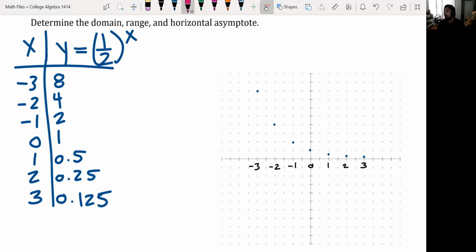And now we're going to have the same situation as the last graph. So we notice that as x heads towards infinity, we see that my y values start to approach 0. But will they ever touch? And the answer is no, they will never touch.